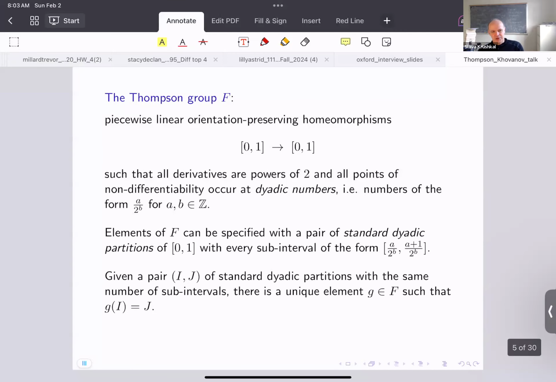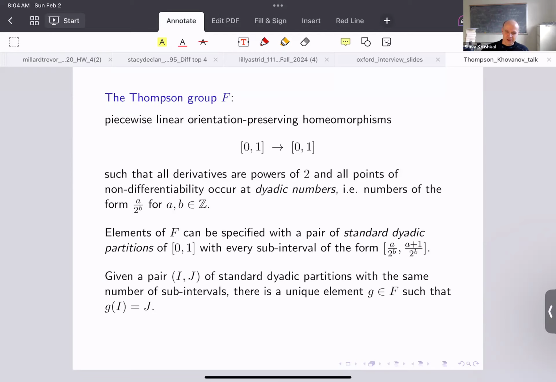Okay, and so one way to encode Thompson group F is using two standard dyadic partitions. Subintervals in these partitions are where the function is linear, and the ends of the subintervals are where there's some kind of a change of slope.